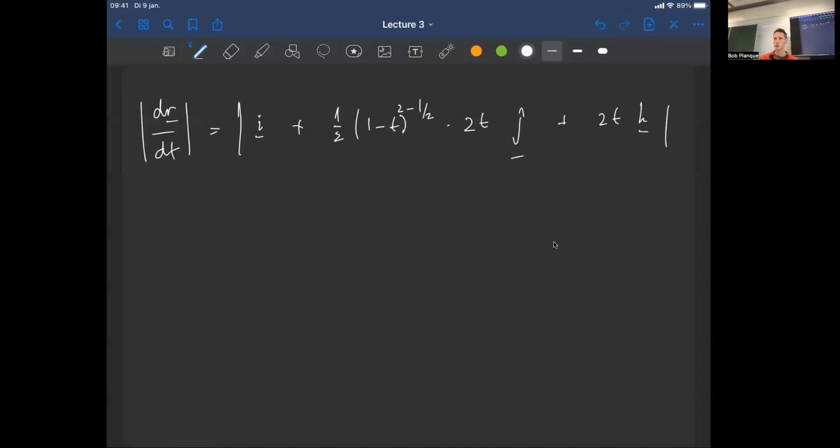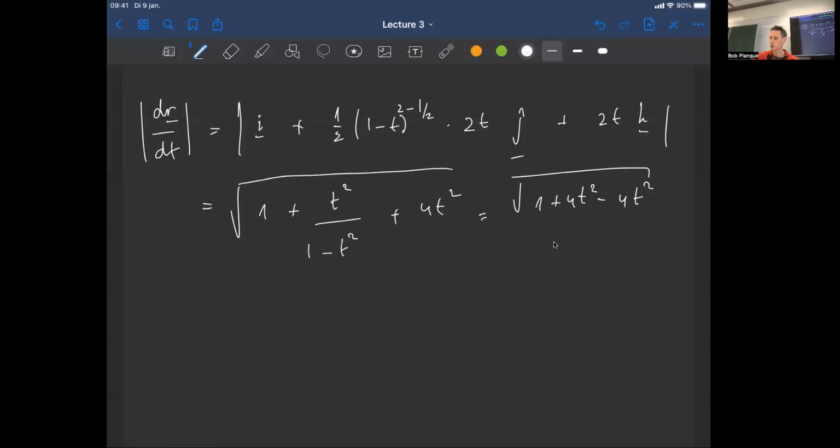Square all of these and sum them. So that gives me the square root of 1 plus, if you work that out, t squared over 1 minus t squared and 4t squared. And that apparently is 1 plus 4t squared minus 4t to the 4th, divided by 1 minus t squared. This looks horrible.